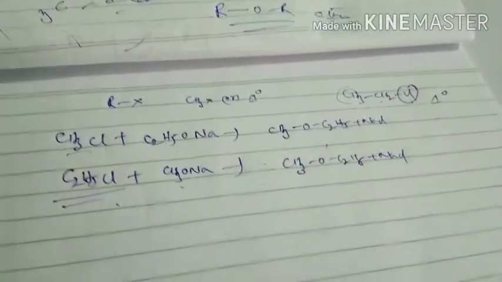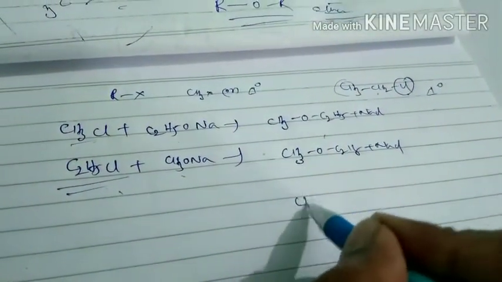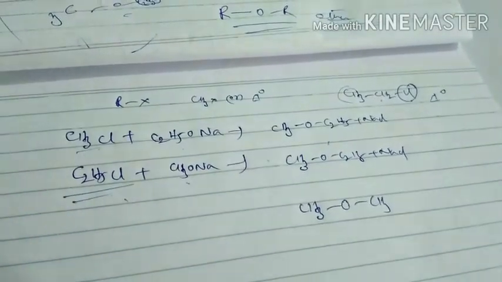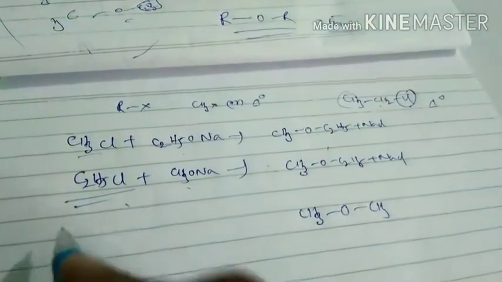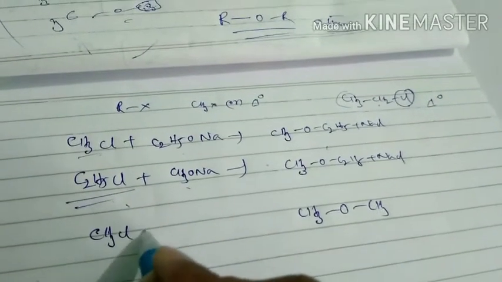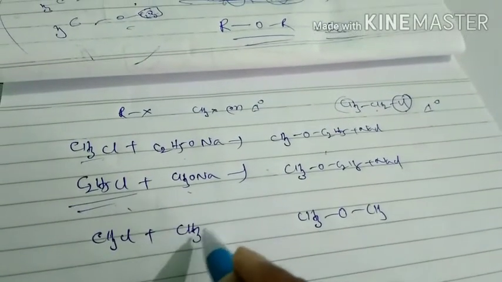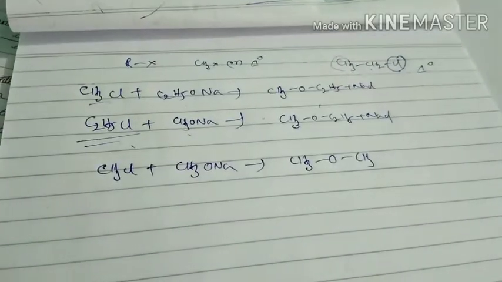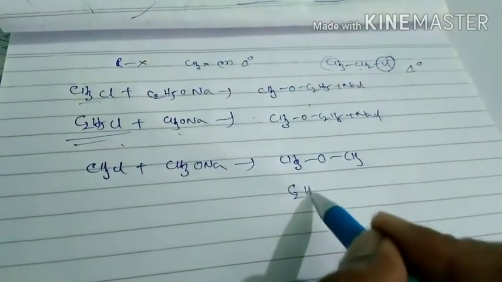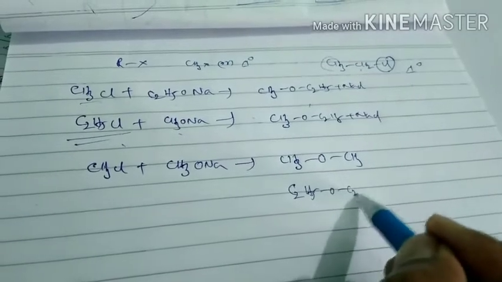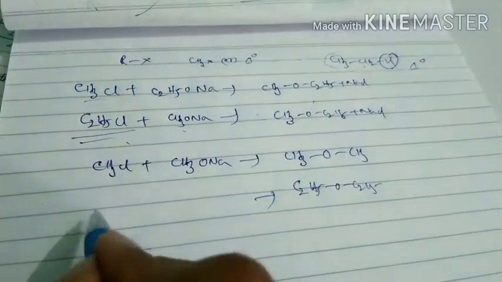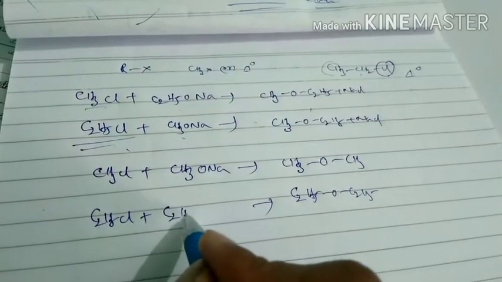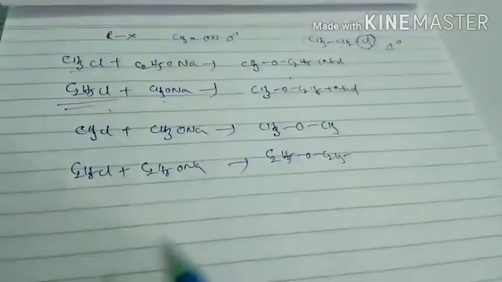Suppose you want to make CH3OCH3 ether from Williamson synthesis, then methyl chloride and sodium methoxide should be taken. If you want to make C2H5OC2H5, then you have to take ethyl chloride and sodium ethoxide.